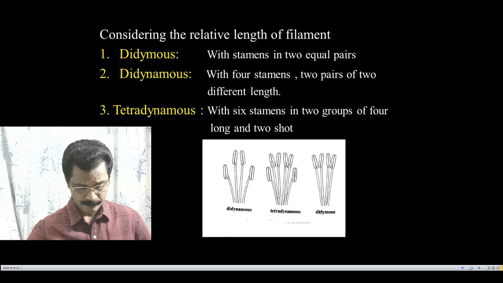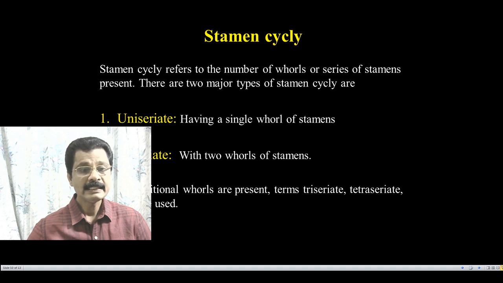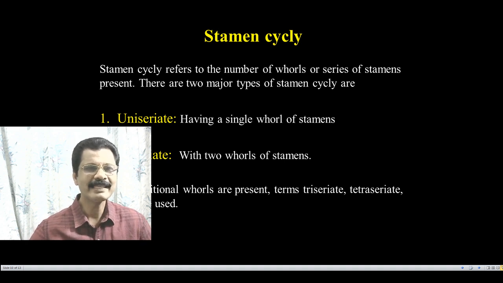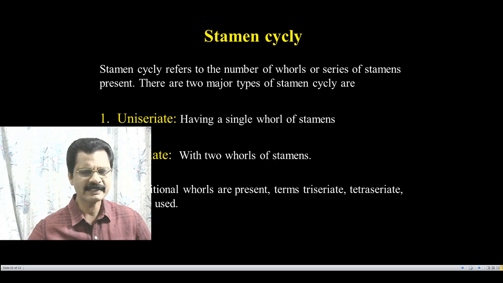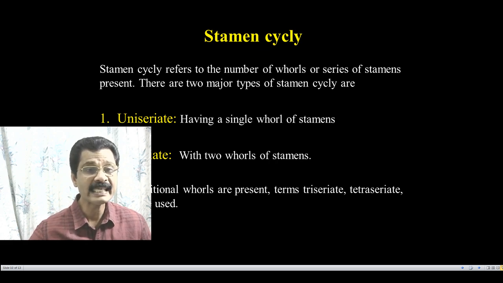Could you follow me? Then stamen cycle. Stamen cycle refers to the number of whorls or series of stamens present. There are 2 major types of stamen cycle: uniseriate and biseriate.